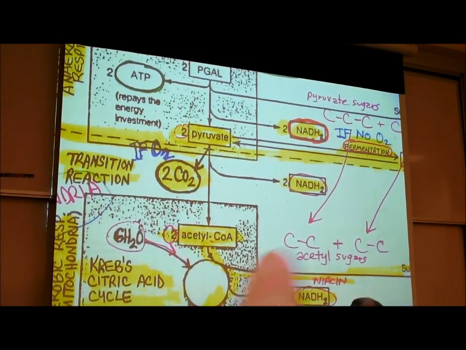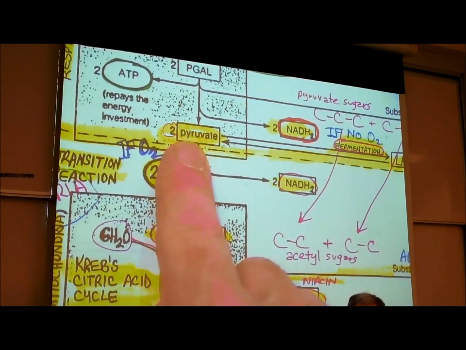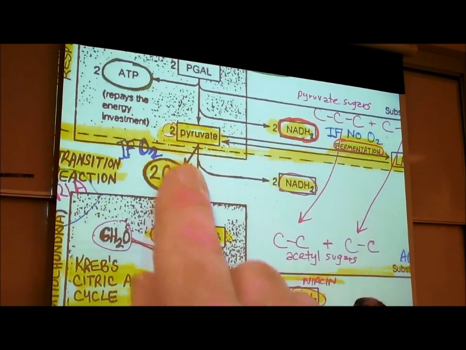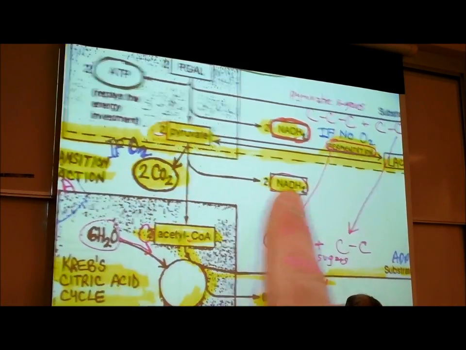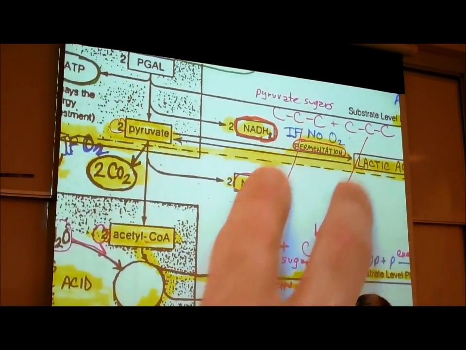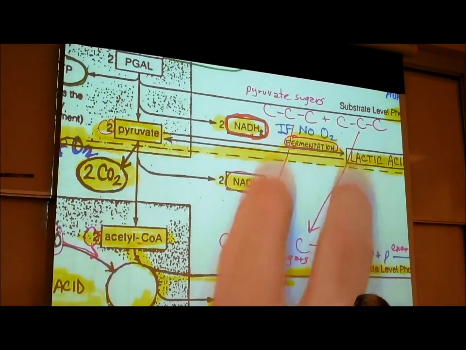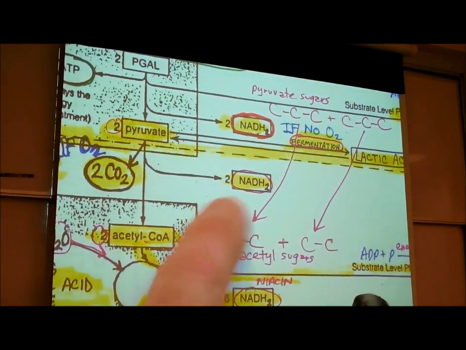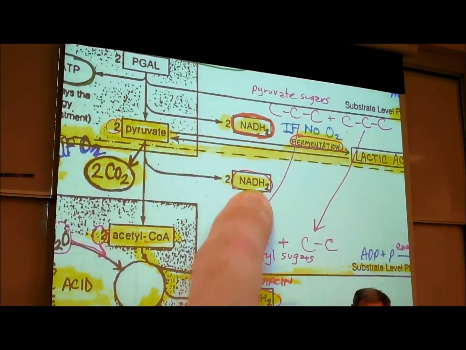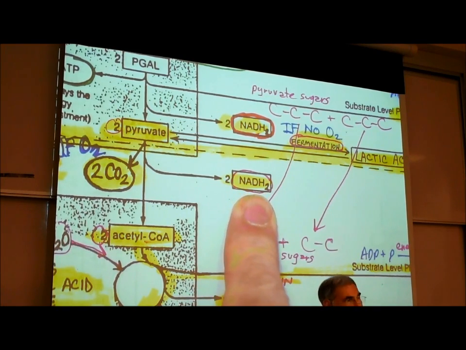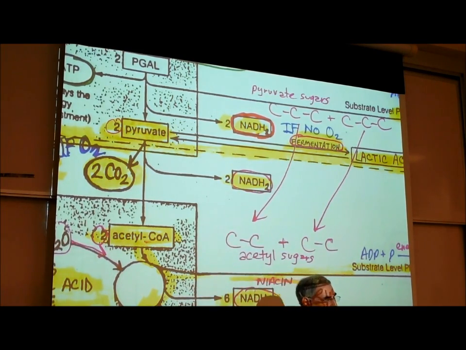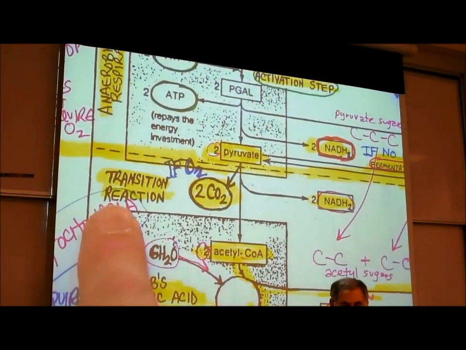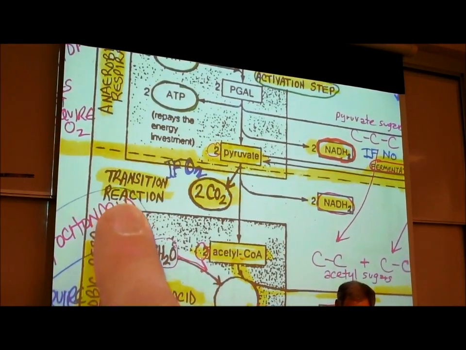Now, in addition, additional hydrogen atoms are removed from these sugars as they're being converted from pyruvate to acetyl sugars, and those hydrogens are picked up by the NAD. Now we know there's oxygen available, otherwise this reaction wouldn't even be occurring. This reaction we've called the transition reaction.